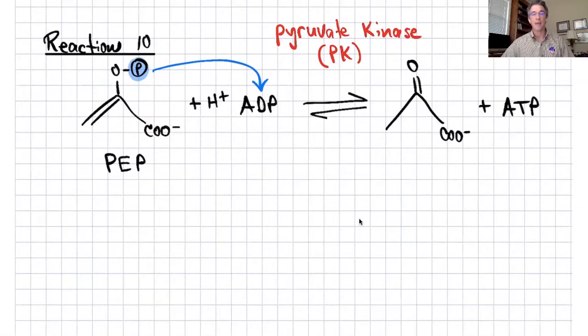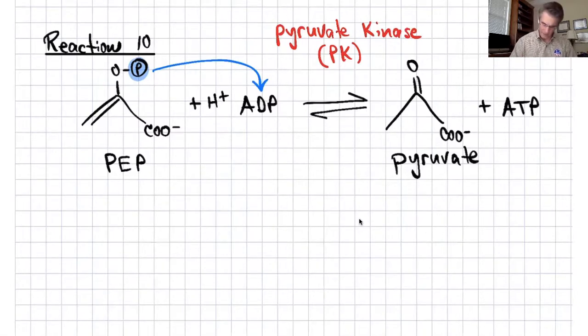And if you didn't have any phosphoenol pyruvate, you had lots of ATP, and you had lots of pyruvate, which I haven't written out here, you could drive that reaction in the opposite direction just fine. In fact, it's not so easy.